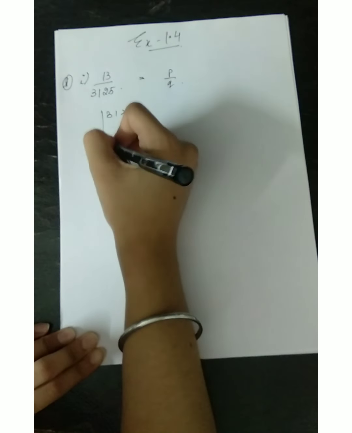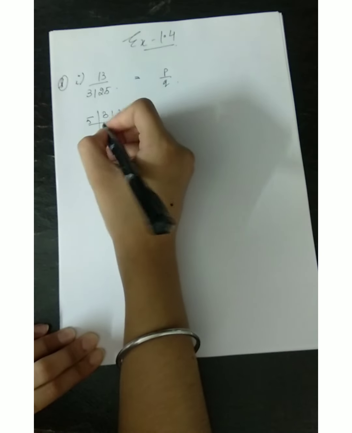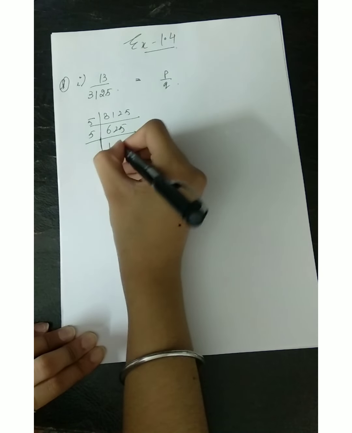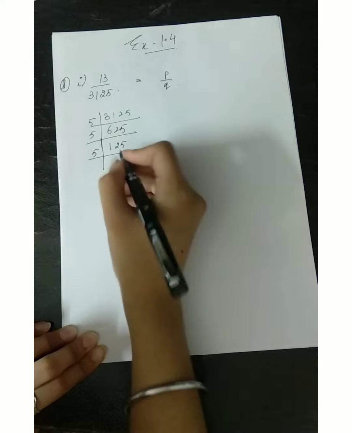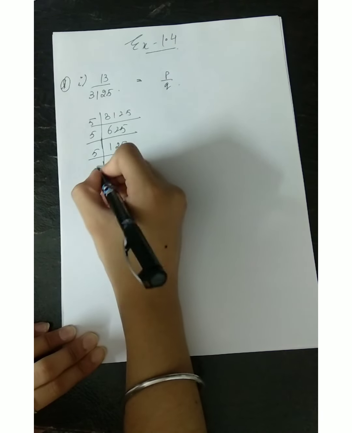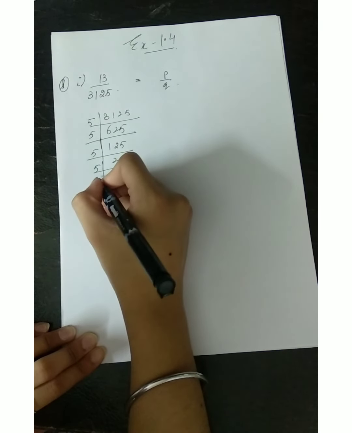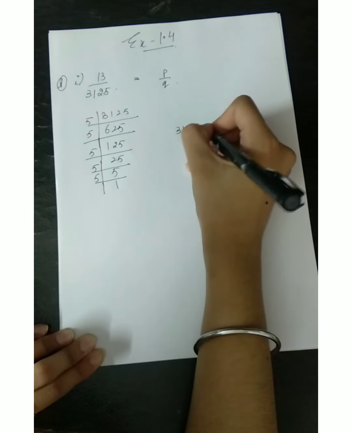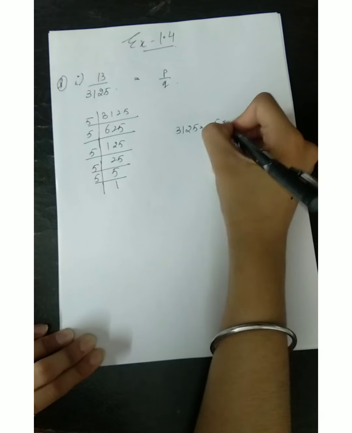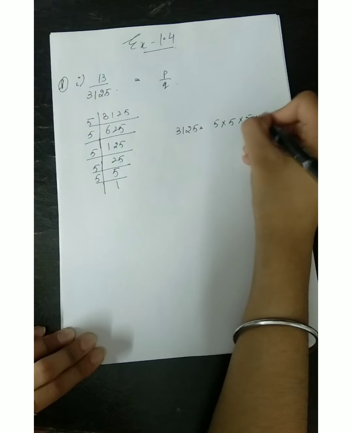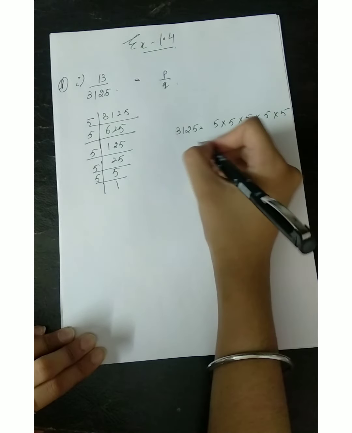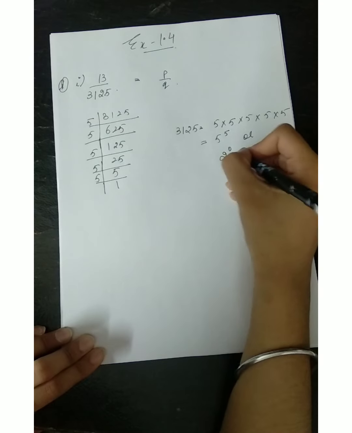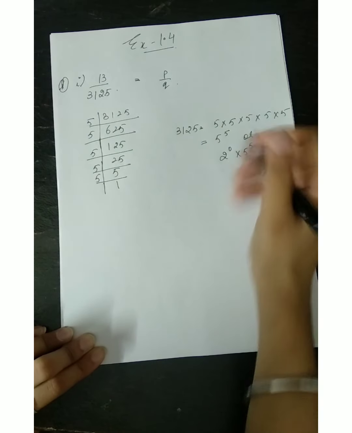Now for q we'll be having 5, 625, then 5, 125, then again 25, then 5 and 1. So 3125 is equal to 5 multiplied by 5 multiplied by 5 multiplied by 5 and 5, which is 5 raised to power 5, or 2 raised to power 0 and 5 raised to power 5.